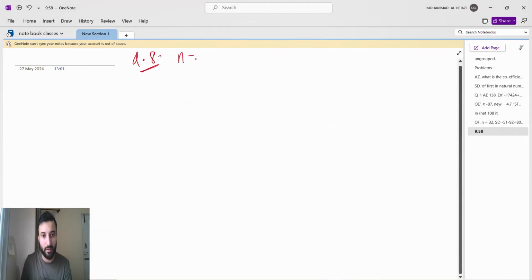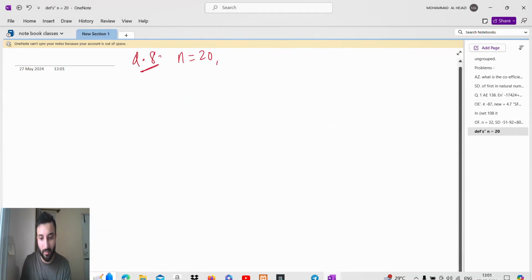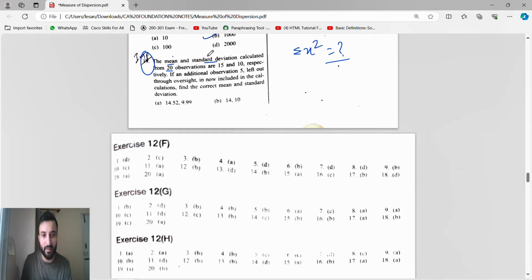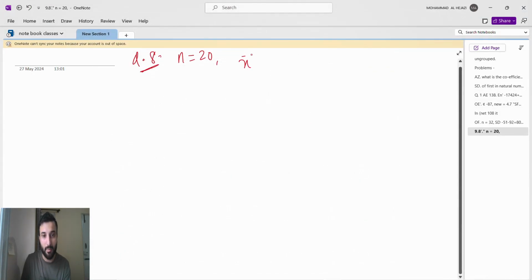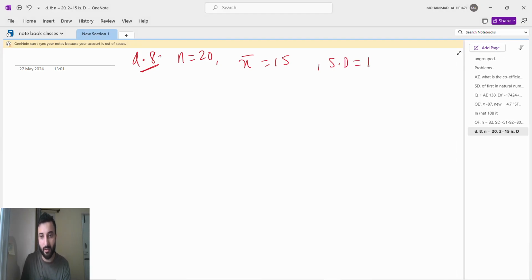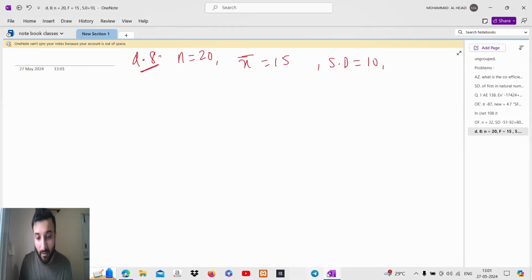So n is 20. Mean is 15 and standard deviation is 10.